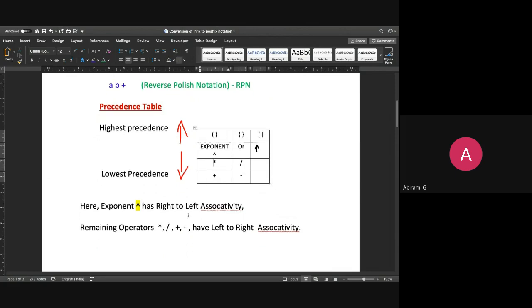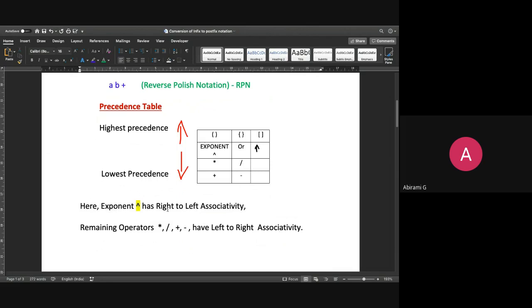Next, associativity is important while discussing these conversions, because if operators have equal precedence, like multiplication and slash, we have to decide which one to take first. We go from left to right: the one appearing on the left-hand side gets higher precedence.